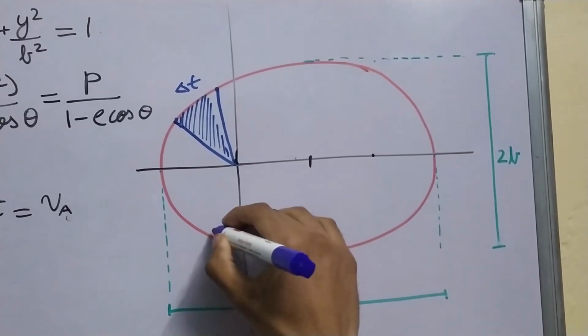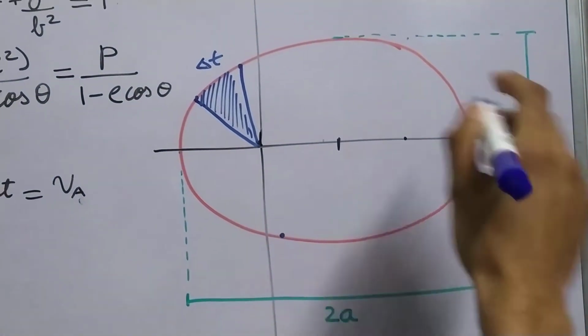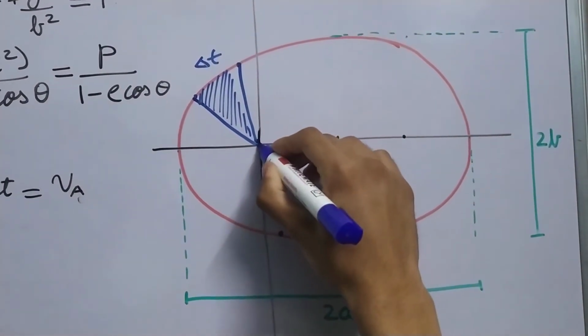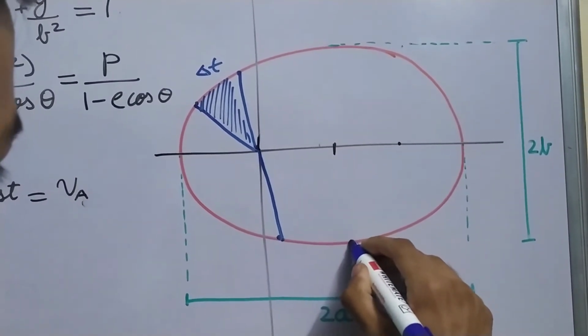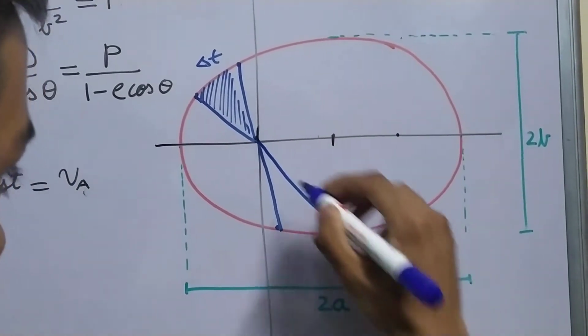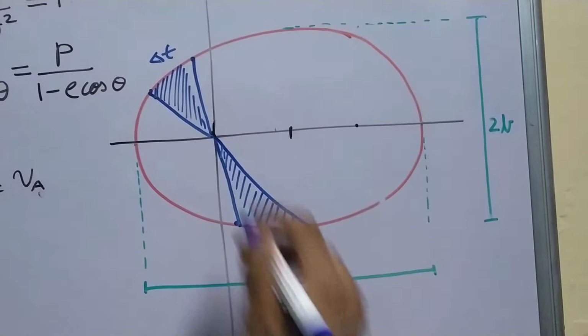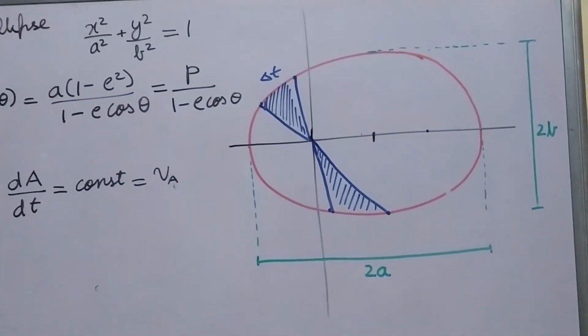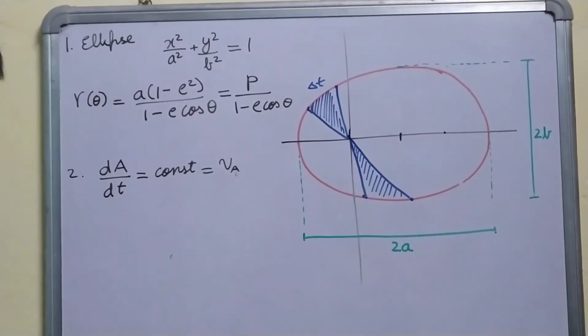Now let's say the planet is in this position, and you let delta t pass by, so the planet might be somewhere around here, and this is the area covered by the planet. These two areas will be equal. This is what the second law says.